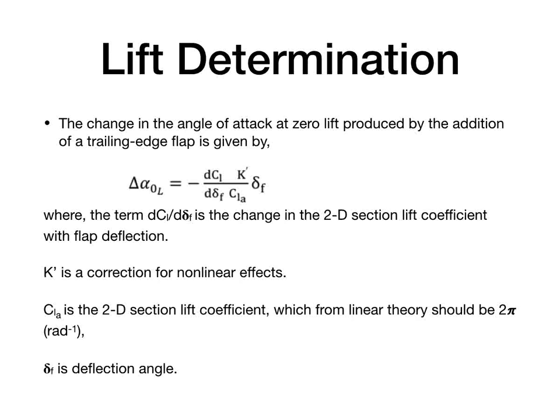K' is a correction for nonlinear effects. CLA is the 2D lift coefficient, which from linear theory should be around 2 pi per radian, and delta f is the deflection angle.